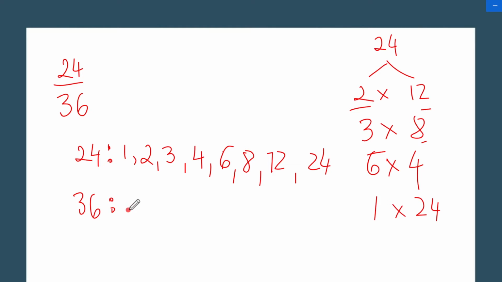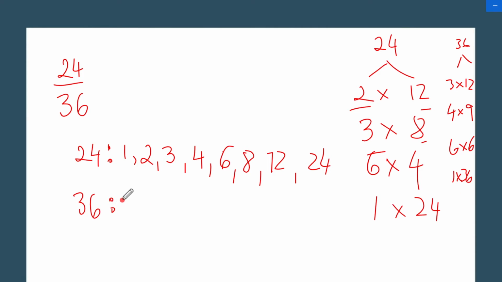And here you can do the same. You can say 36 is 3 times 12, 4 times 9, 6 times 6, and 1 times 36.